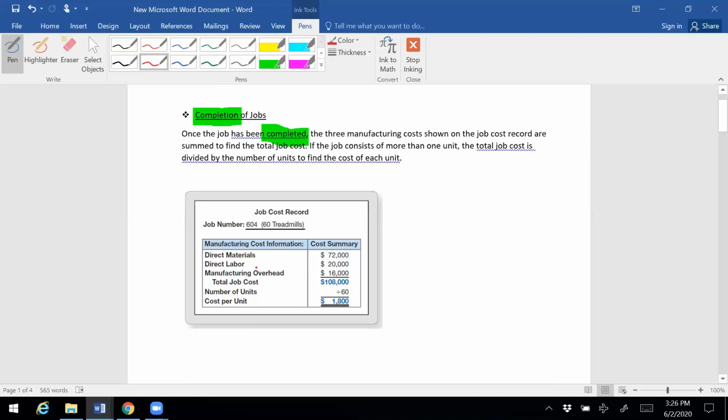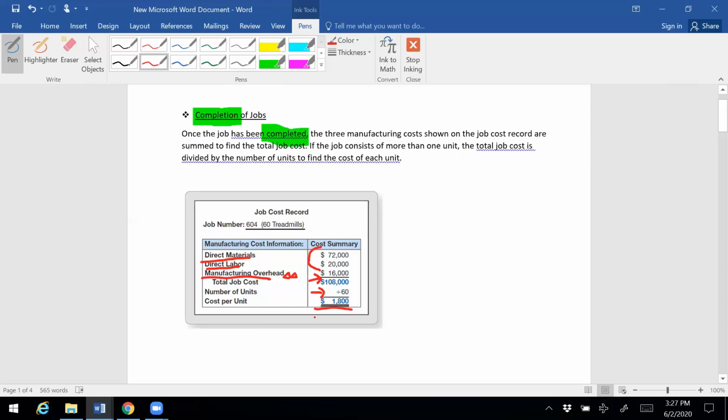Based on your textbook, we have our direct material, we have our direct labor, and we have manufacturing overhead. This is the allocated one. So you add those three parts, you get the total job cost, and we totally produced 60 units. So each one we got 1,800.